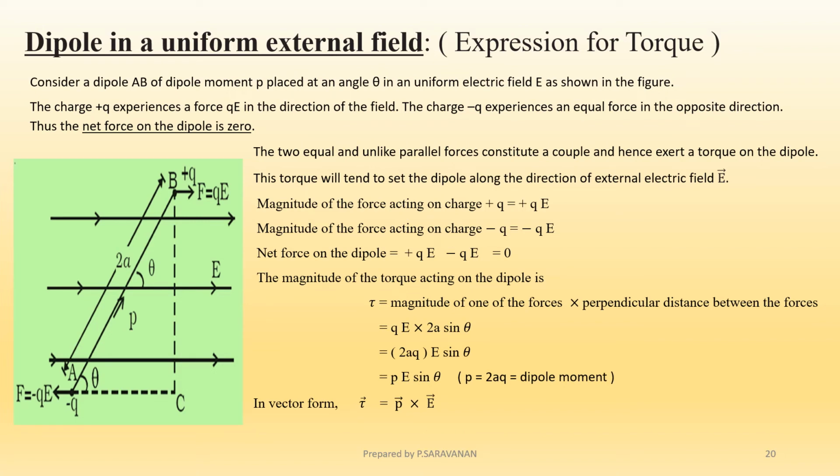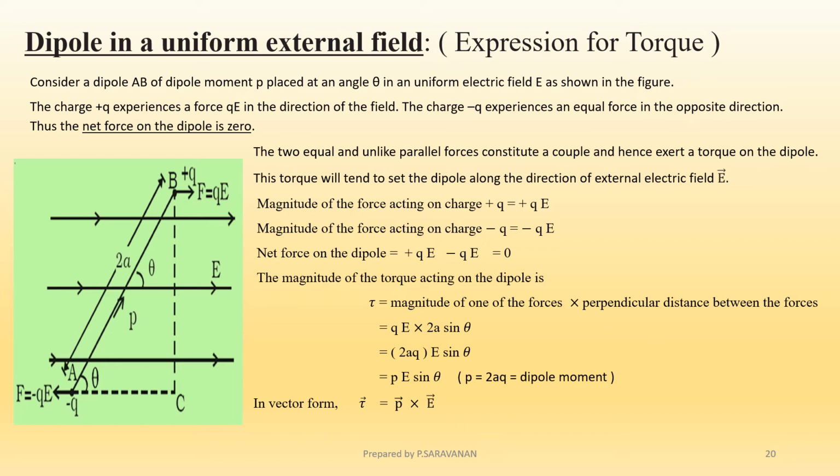What will happen when an electric dipole consisting of two equal and dissimilar charges is placed in a uniform external field? It will experience a torque and it will start rotating inside the electric field. Now let us derive an expression for the torque acting on an electric dipole in a uniform external field.